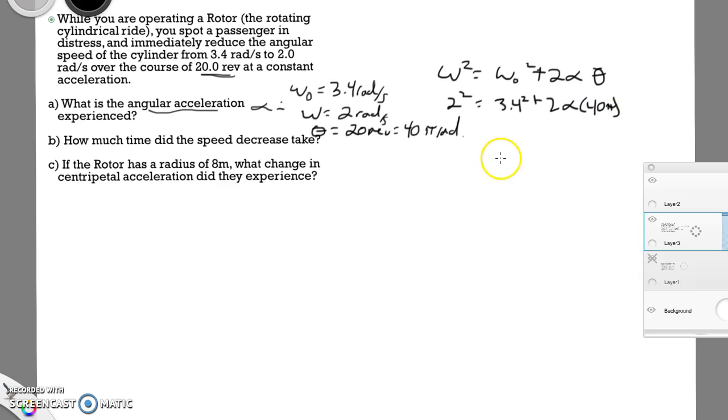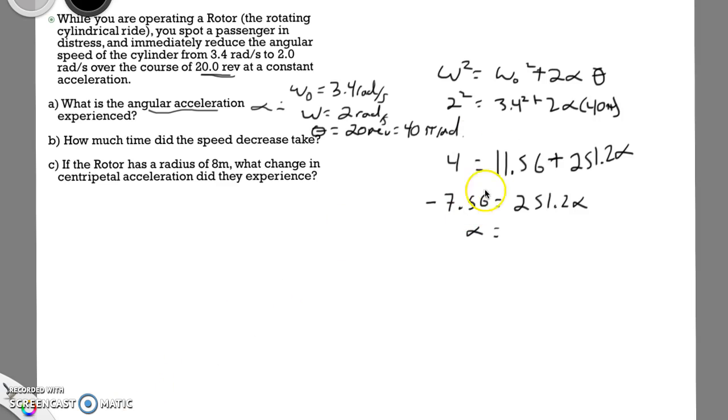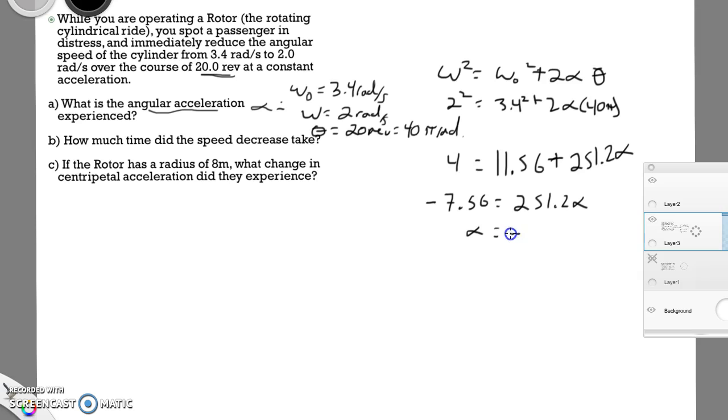Okay, and let's go ahead and do this calculation. Starting to simplify, and as we get to the end, we end up dividing 7.56 by 251.2, and we get that alpha is about negative 0.03 radians per second squared, which is a really small angular acceleration.